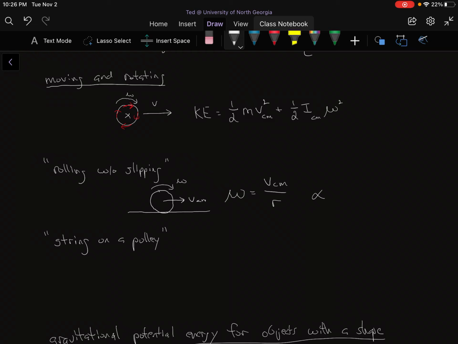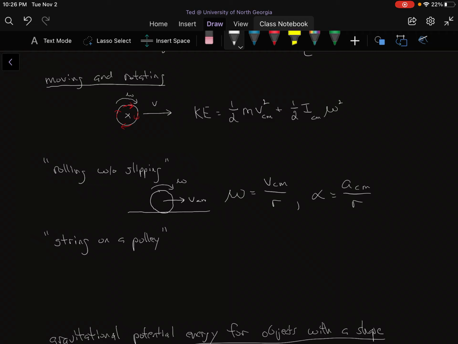And we also know that the angular acceleration, if this thing is speeding up or slowing down, is equal to the acceleration of the object divided by the radius of the wheel. So that's an important relationship when we have an object that's rolling without slipping: it can't just have any old angular velocity and velocity. The two have to be matched to each other.